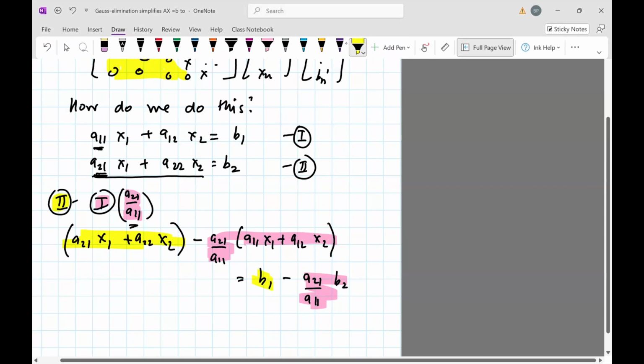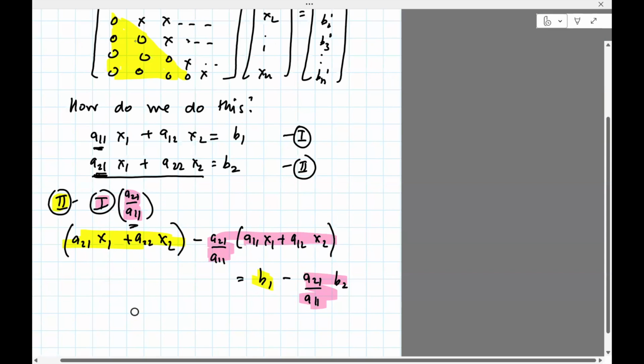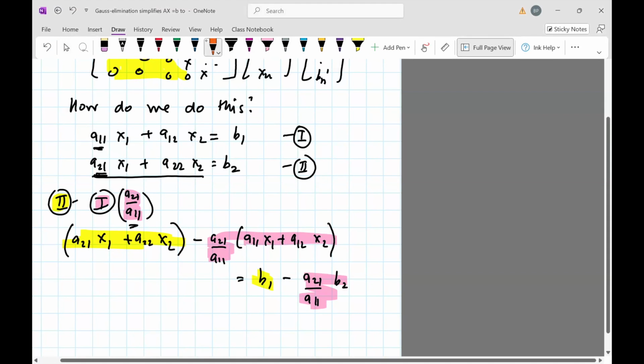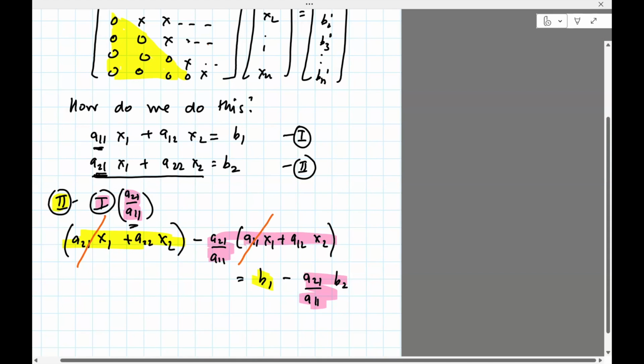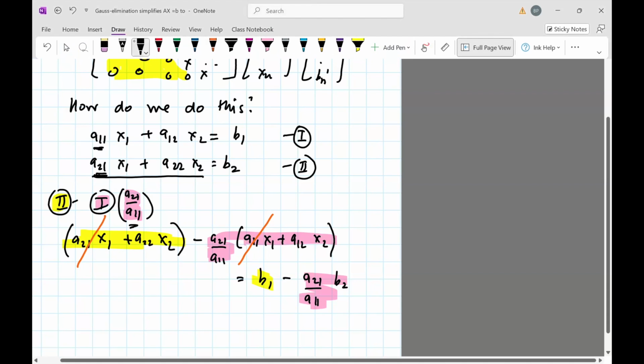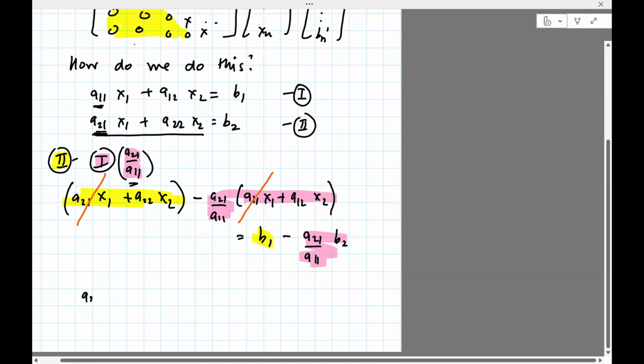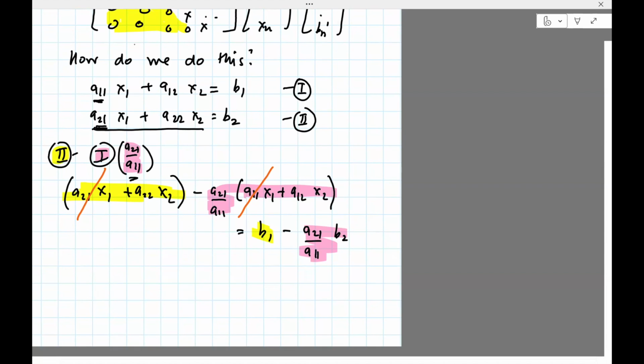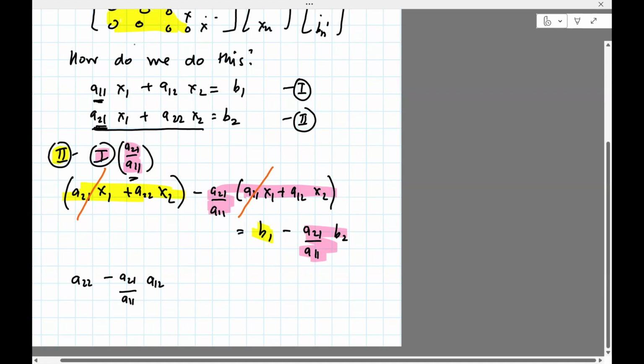So you notice what's happening now is that this and this will cancel off. Notice it. So when you multiply it, and then what you'll be left with is a22 minus a21 a11 a12 x2 equals b1 minus a21 a11 b2.